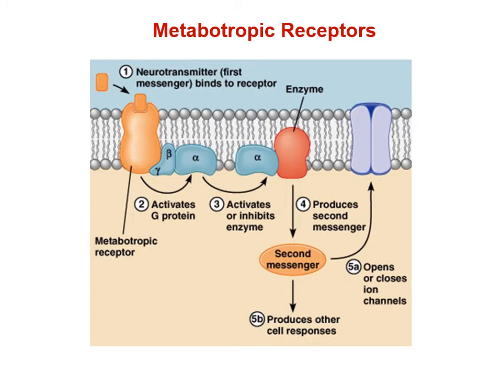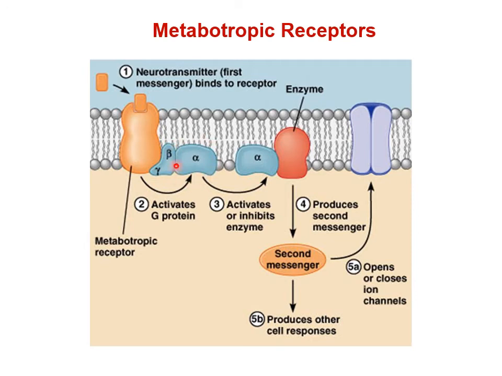But in general, metabotropic receptors get activated when the neurotransmitter binds, in the extracellular space, to the N-terminus part of the receptor. Binding of the neurotransmitter causes a conformational change in the receptor and activates a G protein that is located in the intracellular space and is associated with the C-terminus part of the receptor protein.